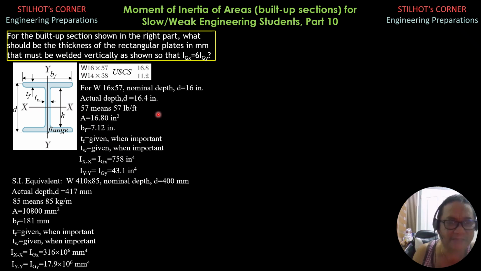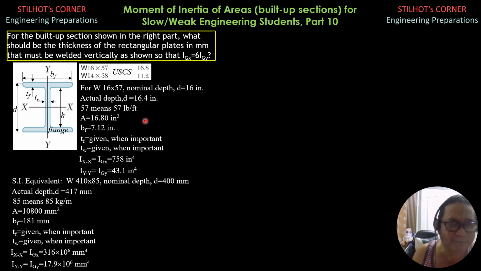Prepare your calculator. 7.86 times 62.4 pounds per cubic foot times cross-sectional area, which is 16.8 square inches. Because this is square inches, we must convert this to square feet by dividing everything by 12 squared.